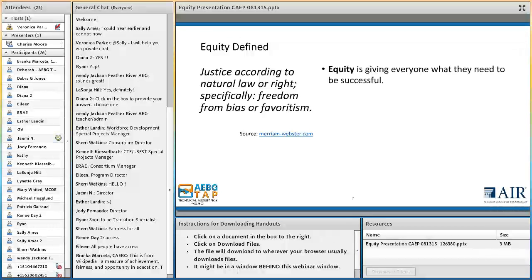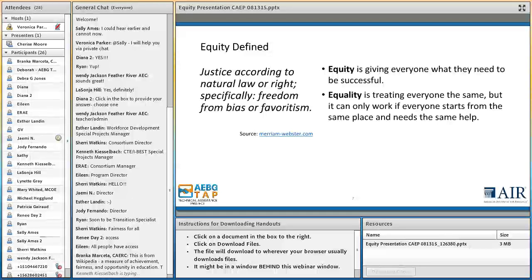And I saw this, I think, in Esther or Eileen's response. Giving everyone what they need to be successful is the way in which we're going to talk about equity. And that doesn't mean that it's equal, because equality is defined as treating everyone the same.